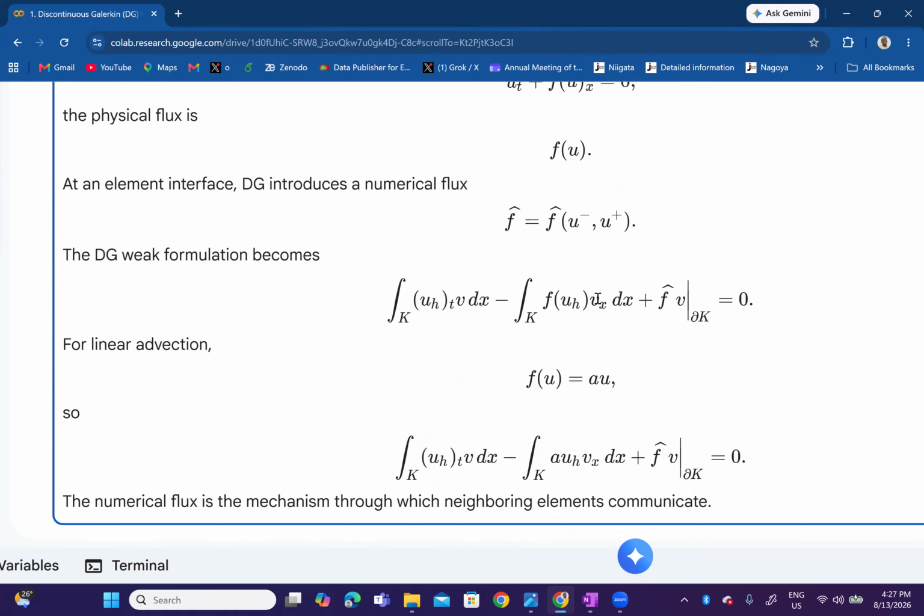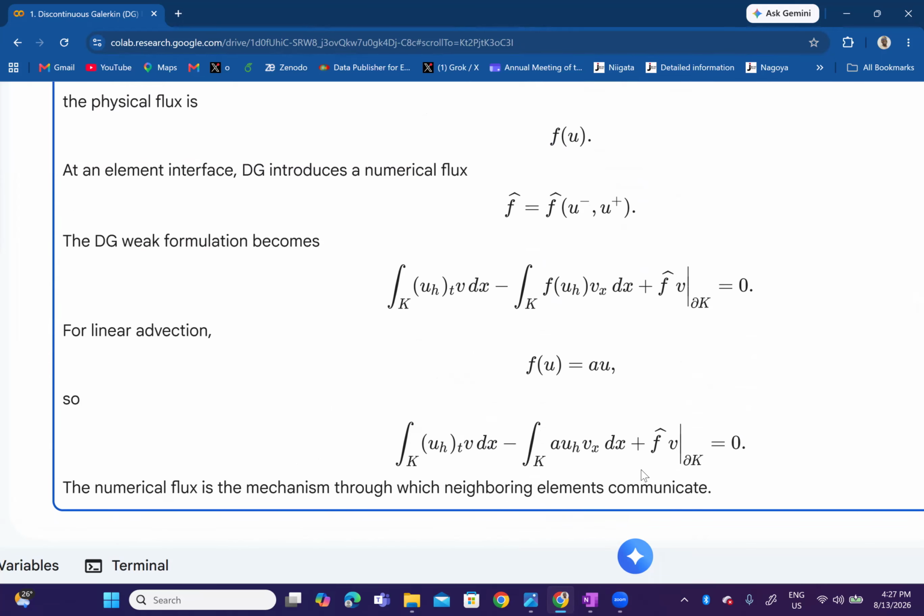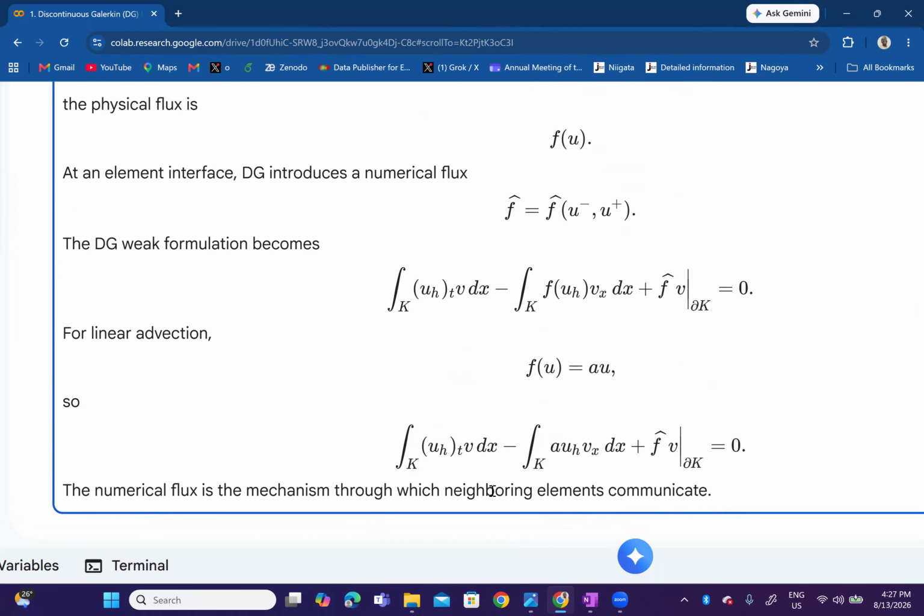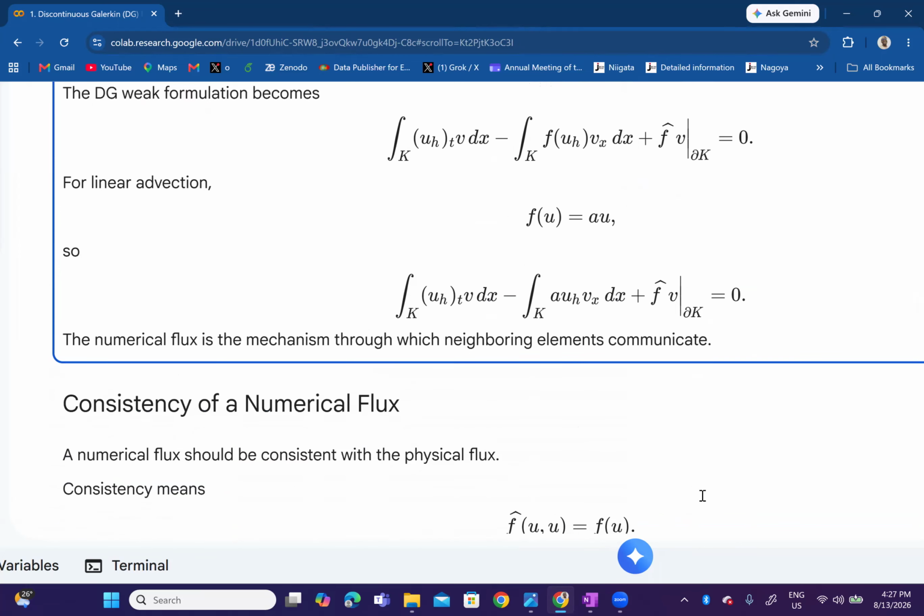So what has changed is this f of u, which is now a multiplied by v sub x dx, like that. So the numerical flux is the mechanism through which neighboring elements can communicate.